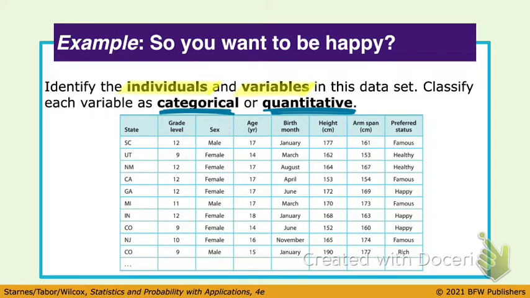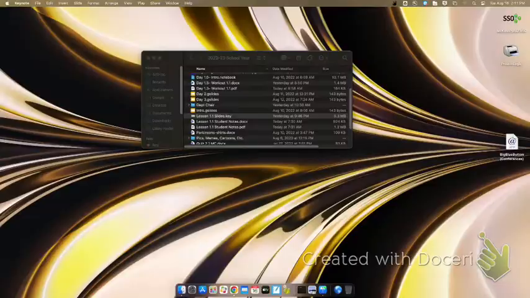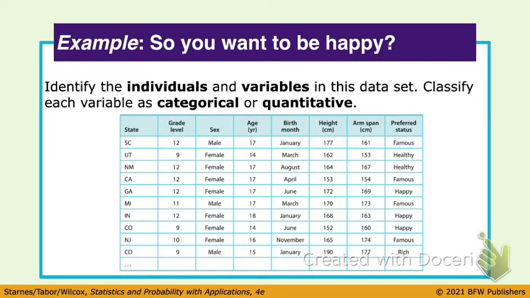All right, so looking at this data, what would you say the individuals are in this data? Tested students. The individuals here are the 40 selected students. So, like I told you guys with the roller coaster problem, sometimes the individuals are listed, sometimes they're not necessarily listed.